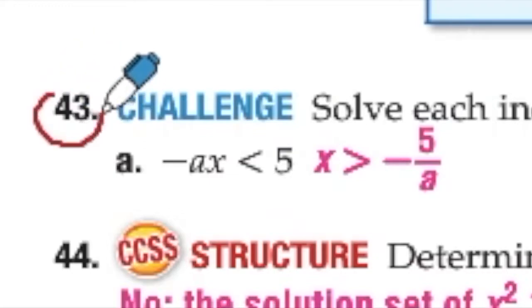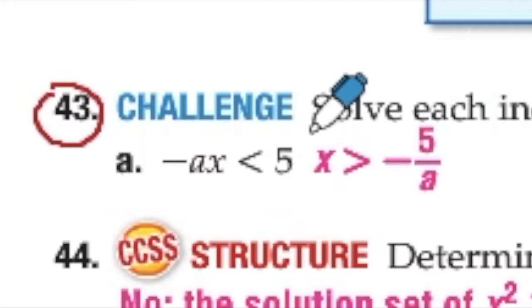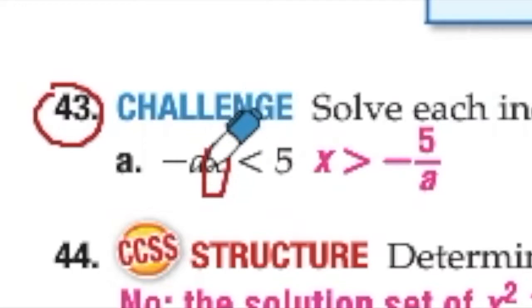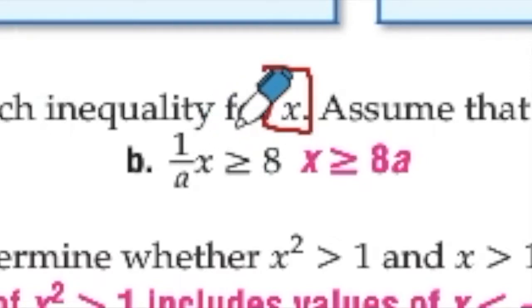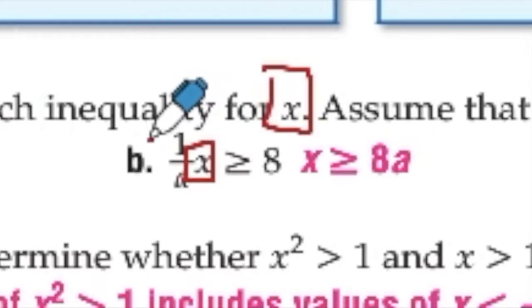Also take a look at number 43 on page 296. It says to solve each inequality for x. And so to isolate the x on 43a, we're going to divide both sides by a negative a. And when we divide by a negative a, that inequality symbol switches. On b, to solve for x, we have to multiply by the reciprocal of 1 over a, which is a over 1.